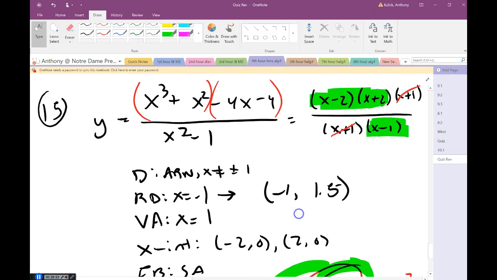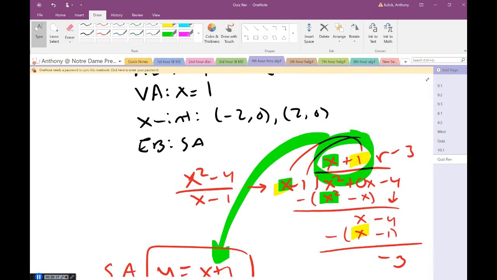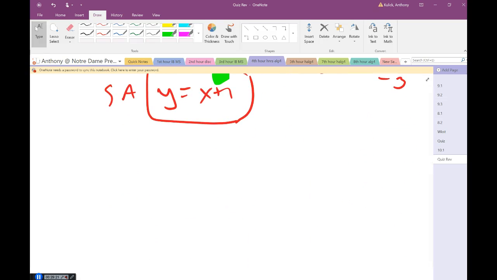I plugged negative 1 into the reduced part up there. The reduced part? Yeah, the highlighted in green. Because if I plug negative 1 before I did the reducing, I just get undefined. Right? Mackenzie? How did you know that it was a slant asymptote? Degree of the numerator is bigger than the degree of the denominator. Correct.